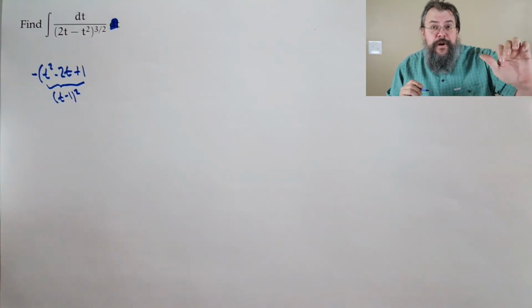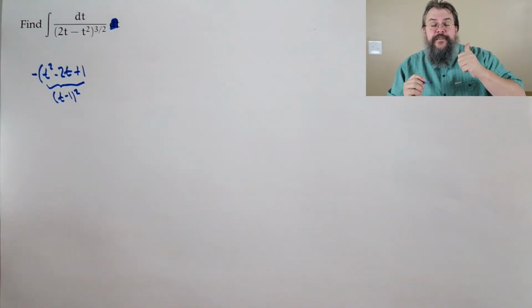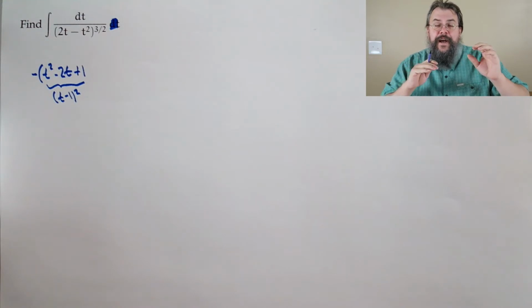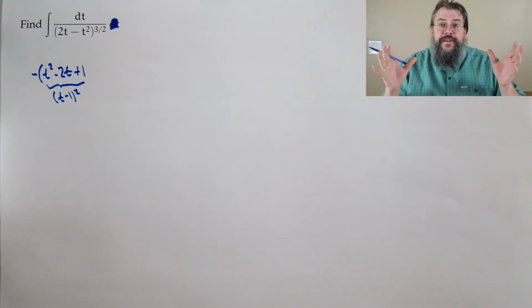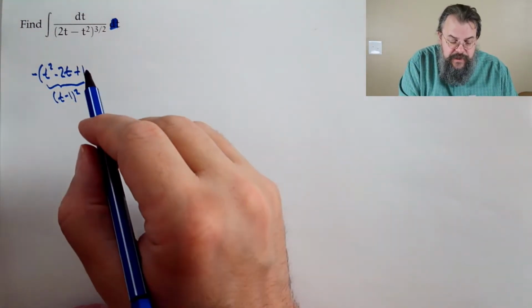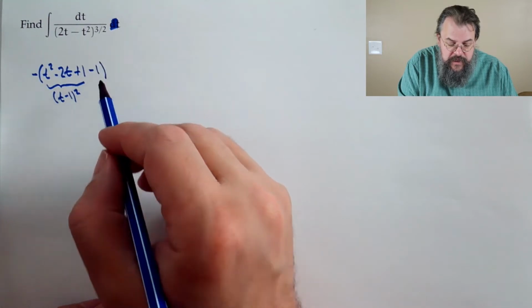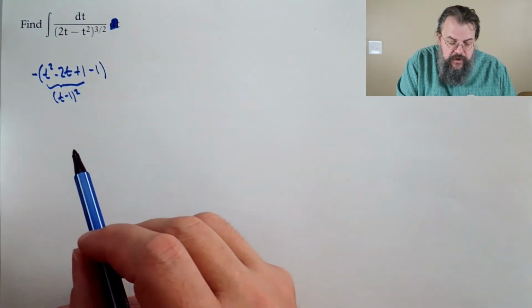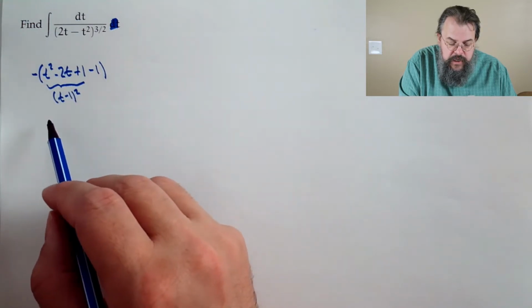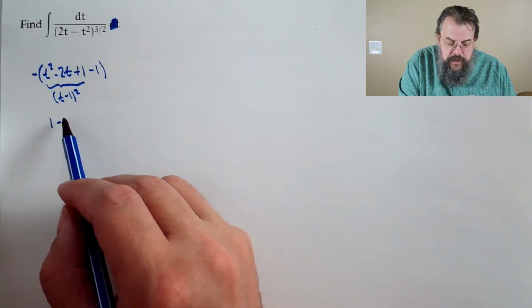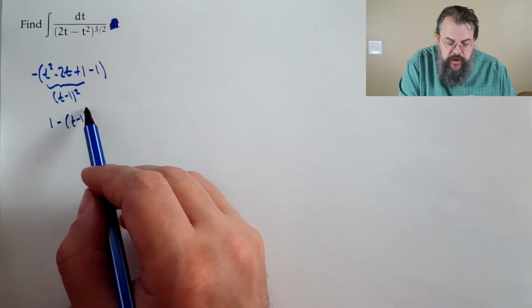So if we add 1, we're going to do our immediate subtract 1. See, if you add then immediately subtract, you've undone what you've just did, which is net change of 0. So subtract 1. Okay, so now if you put the minus back through, minus 1 is 1, and then minus t minus 1 squared.